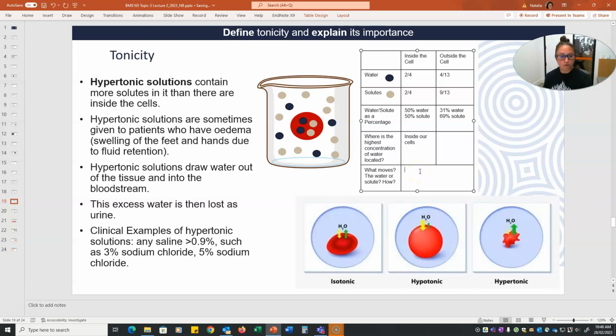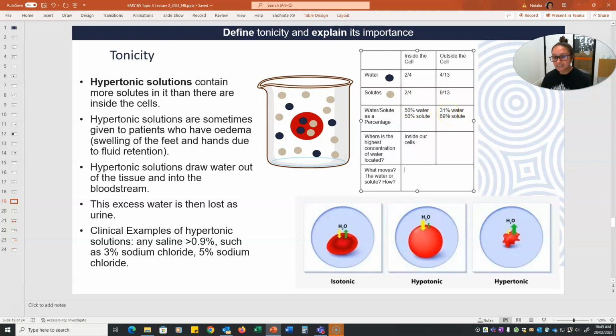Now let's think about what moves. Water moves through our plasma membrane, no worries at all. Solutes can't. So that means that water is going to move from inside our cells to outside, because osmosis is the movement of water from an area of high concentration to low.